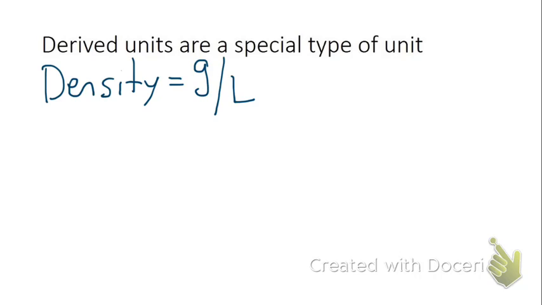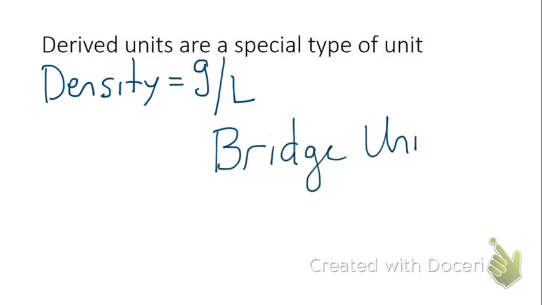We can do a variety of different calculations with density. One of the things you will hear me talk about with a unit like density is it is what's known as a bridge unit. So density helps bridge between mass, how much something weighs, or the number that it says on a scale.